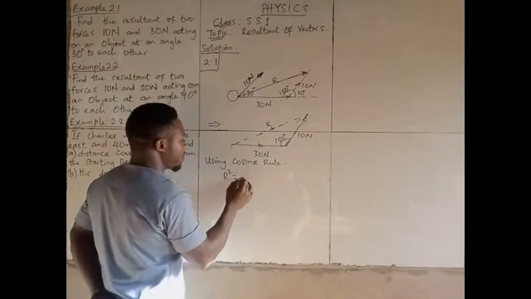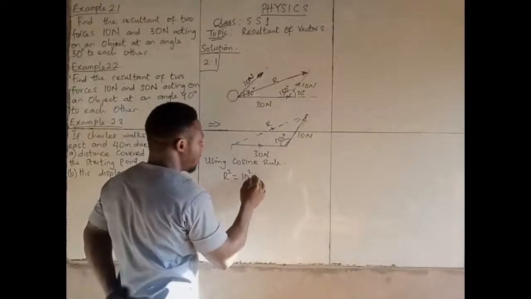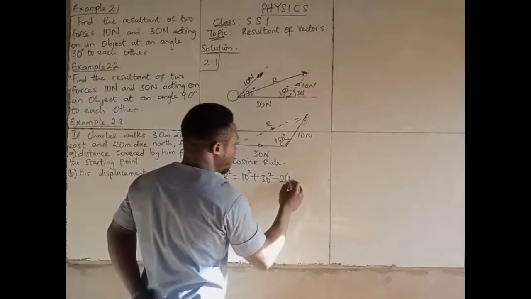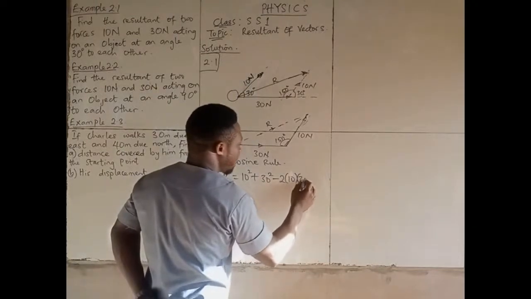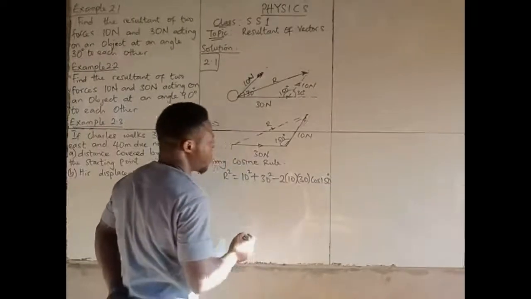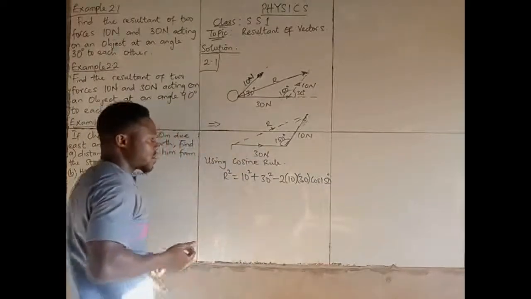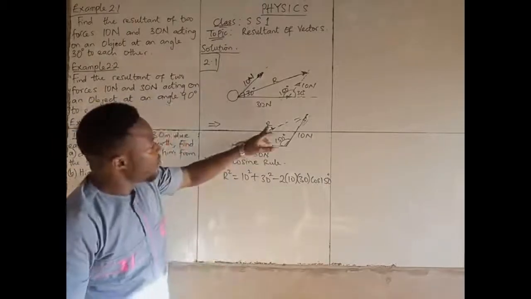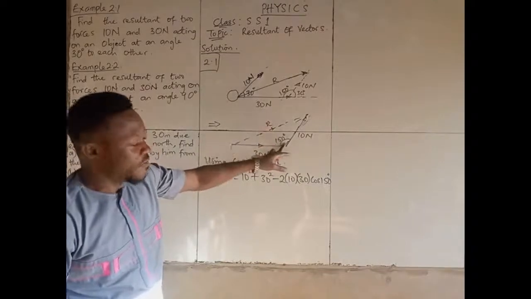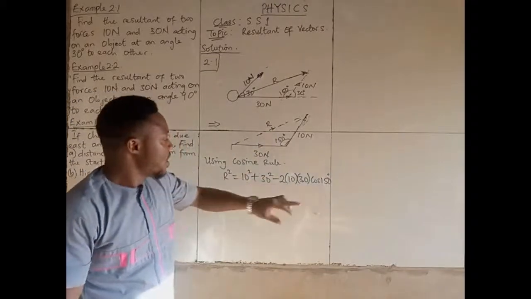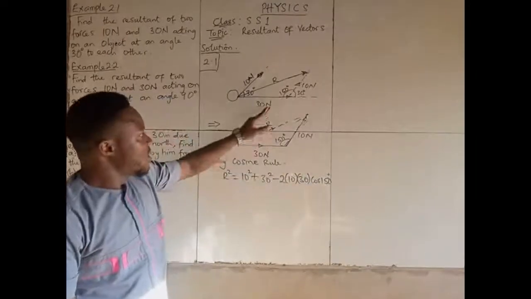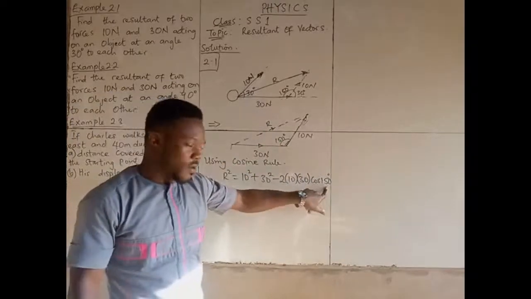R squared is equal to 10 squared plus 30 squared minus 2 into 10 into 30 cos 150 degrees. And that is just to tell you that the angle that is facing R is 150. That is why we are using 150 for that angle theta here. If the angle facing it is different, you use the angle directly.